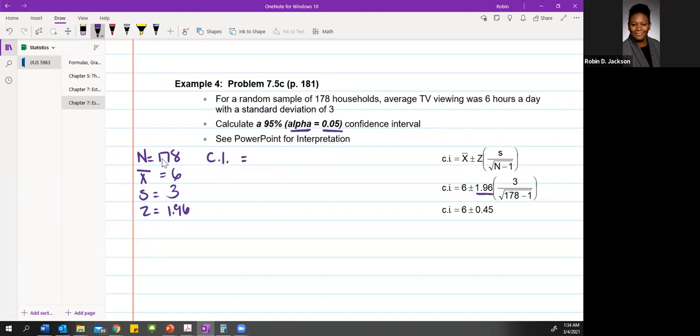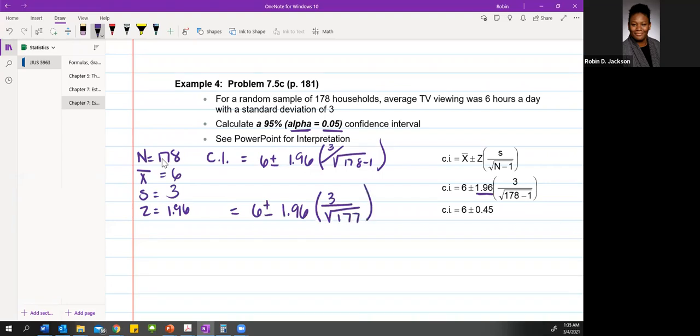The confidence interval is equal to 6 plus or minus 1.96 with the standard deviation of 3 divided by the square root of 178 minus 1. Let me go down a little further so that I have more space. So equal to 6 plus or minus 1.96 with 3 divided by the square root of 177.